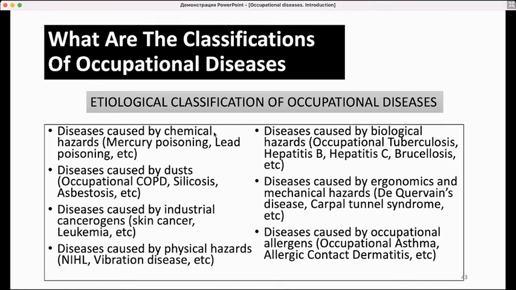Diseases caused by ergonomics and mechanical hazards include Dupuytren's disease, carpal tunnel syndrome, golfer's elbow, tennis player's elbow, and many others. Diseases caused by occupational allergens can include occupational asthma, allergic contact dermatitis, irritant contact dermatitis.